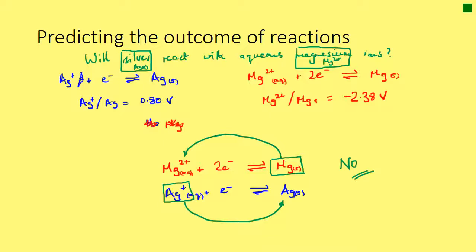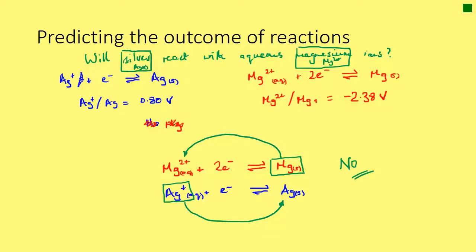It would come out at 0.08 volts, and for magnesium 2 plus magnesium metal would come out at minus 2.38 volts. If you remember, the next step is to write out the two half equations, one on top of the other, with the most negative one on top. So the most negative one is the magnesium.